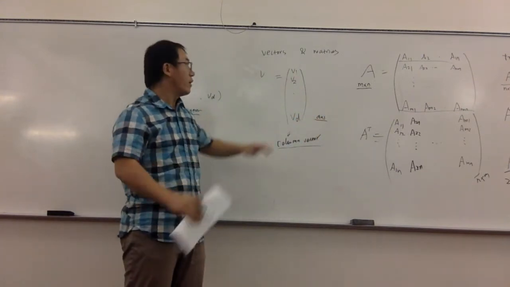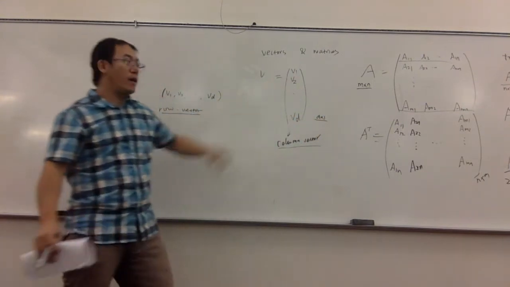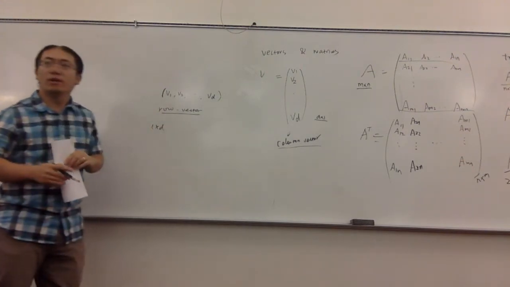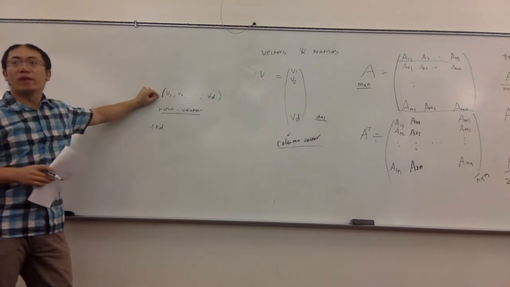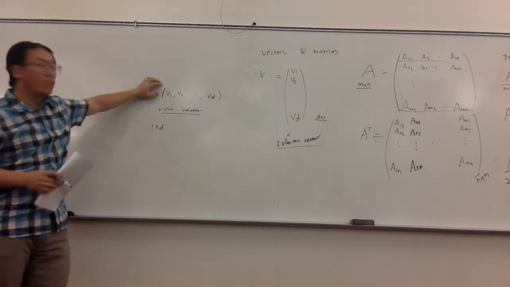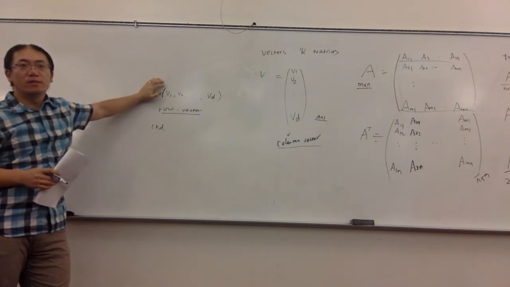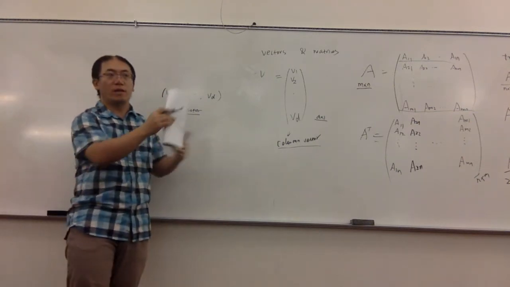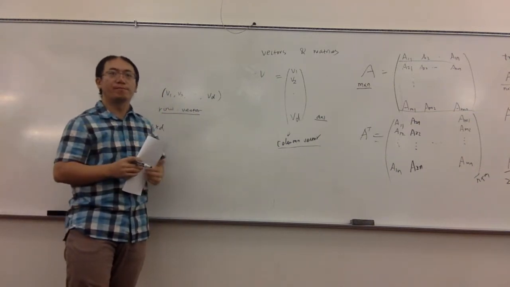So if we do the transpose, it becomes a 1 by d matrix. So it is a row vector. And similarly, if we apply the transpose over a row vector, what do we get? Column vector. Yeah, a column vector, because this is 1 by d, and you transpose it to d by 1, you switch the number of columns and rows.